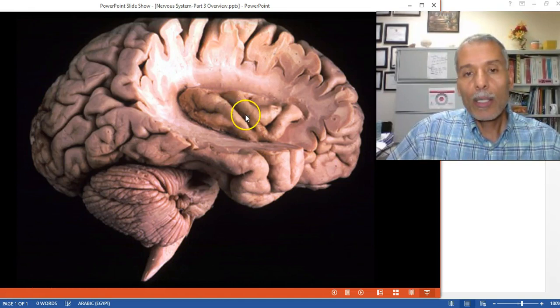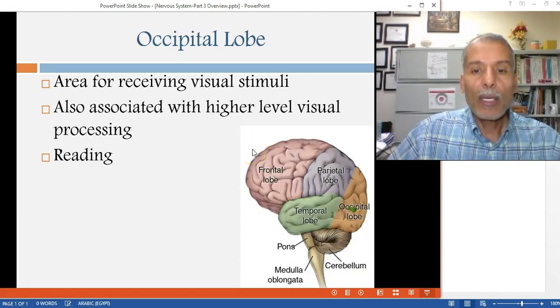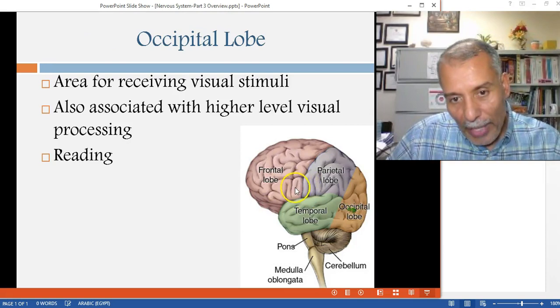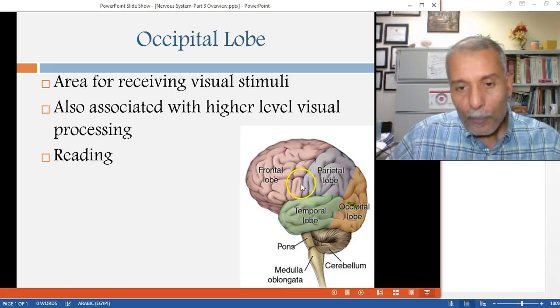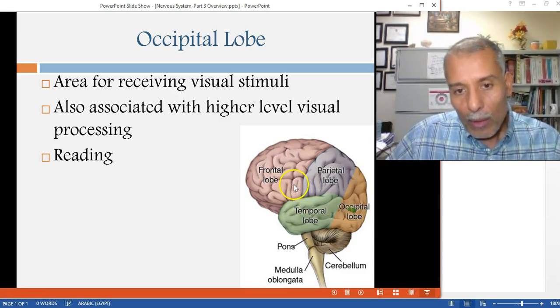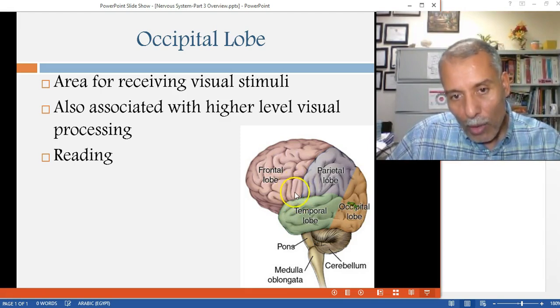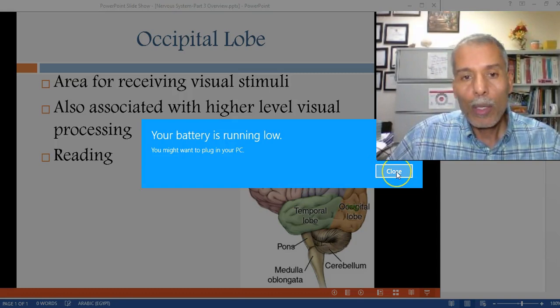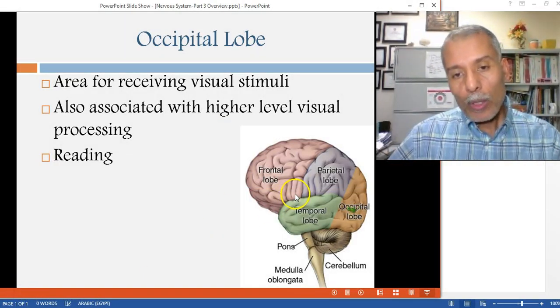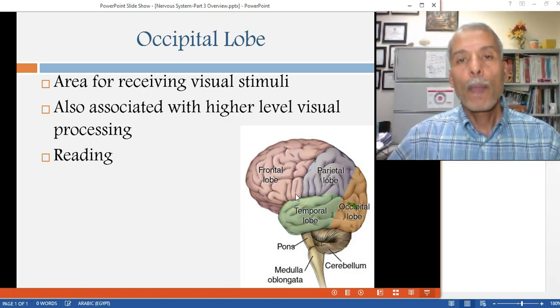So again, here's the insula. It is buried, or hidden, beneath three parts. The areas that cover the insula, that corner here of the frontal lobe, that is called an operculum.